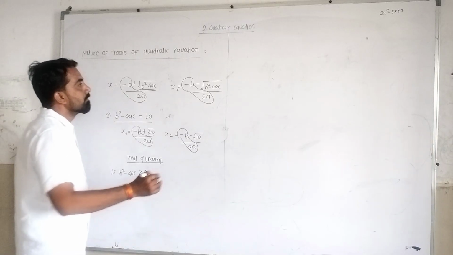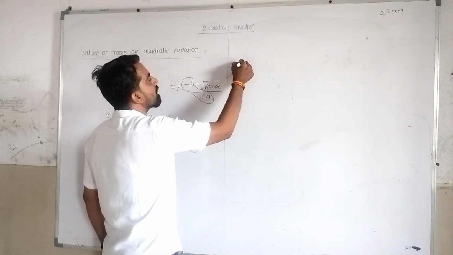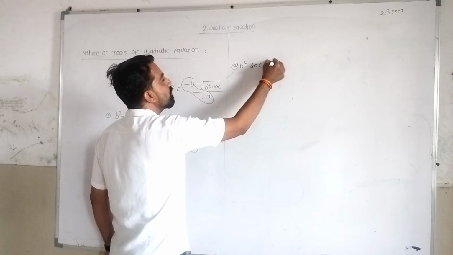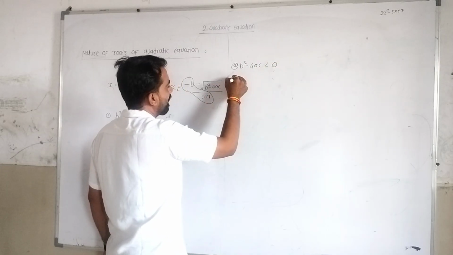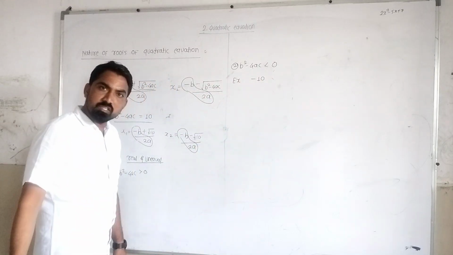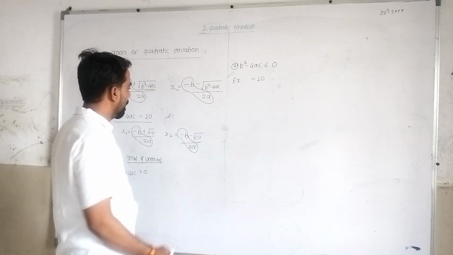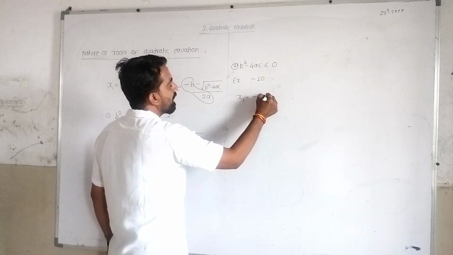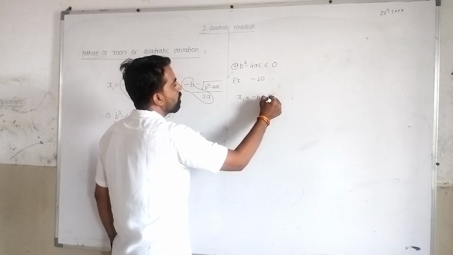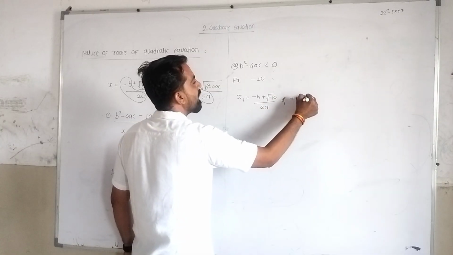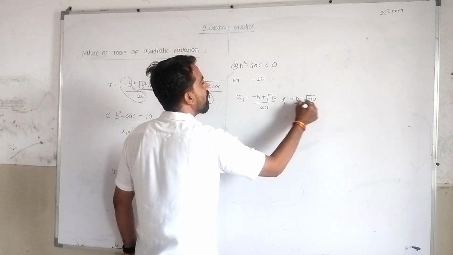Second condition: if the value of b square minus 4ac is less than 0, that means a negative value. For example, the value of b square minus 4ac is minus 10. In this condition, what will happen? x1, the first root, is minus b plus under root minus 10 upon 2a, and the second root is minus b minus under root minus 10 upon 2a.